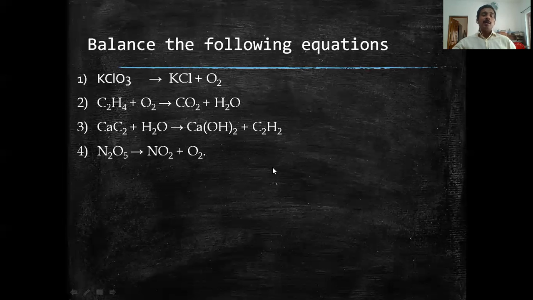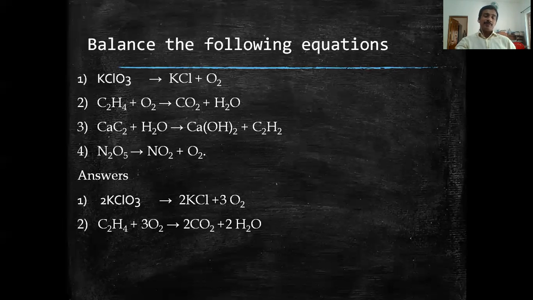Then count the number of nitrogen atoms on the left side and right side. Count the number of oxygen atoms on the left side and right side and check whether it is balanced. You can see the answers one by one. This is the balanced equation of decomposition of KClO3.